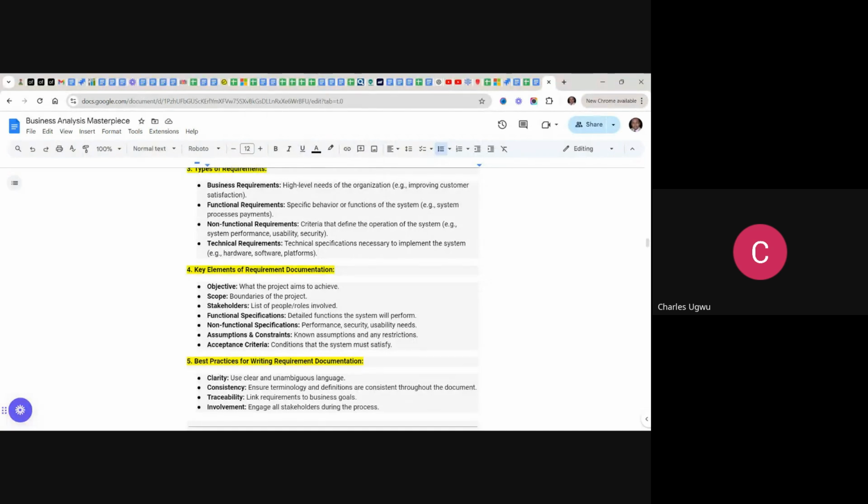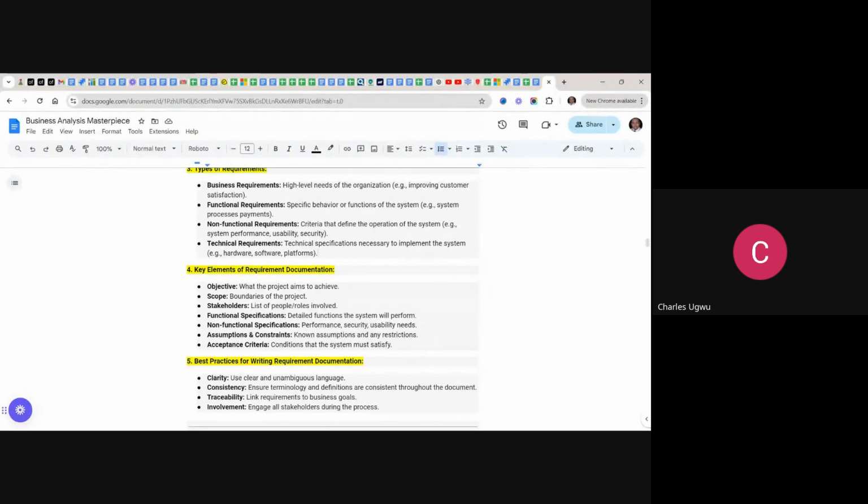Then you must have a list of stakeholders involved. Then you must specify detailed functions for the system. That is a functional requirement. You must state the non-functional specification. You must state all the assumptions and any constraints, and then acceptance criteria, the conditions that the system must meet.